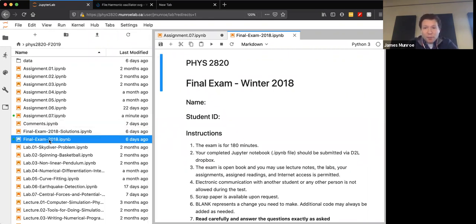That final exam was based on a previous version of the course that didn't have 100% of the same style as this course. We didn't have the idea of a stepper and an app and a plotter. So the questions are asked slightly differently. Don't let that confuse you too much. And it was also designed to be done on the computer as opposed to by pen and paper. So with that caveat, I will post that solution.